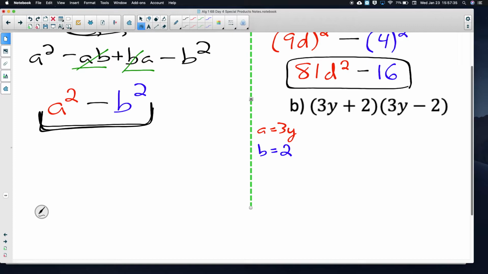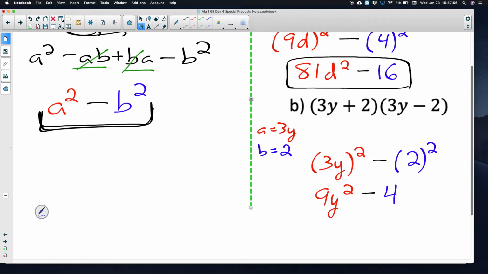So I have 3y squared minus 2 squared. So 3y squared, that's going to give me 9y squared minus 4. So 9y squared minus 4 is my final product.